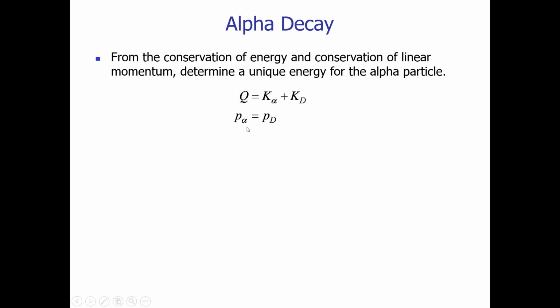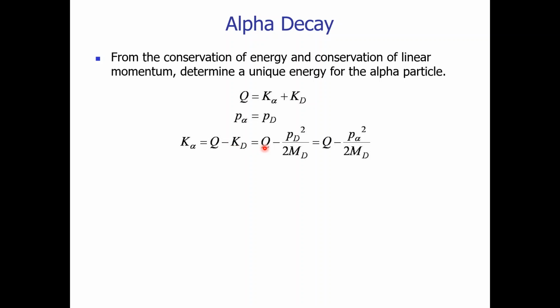We also mentioned that both the alpha particle and the daughter nucleus have the same momentum but in opposite directions, so the alpha particle's momentum is equal to the daughter's momentum. We can write the relation like this, putting in the values of kinetic energy of the alpha particle, and we get these relations.